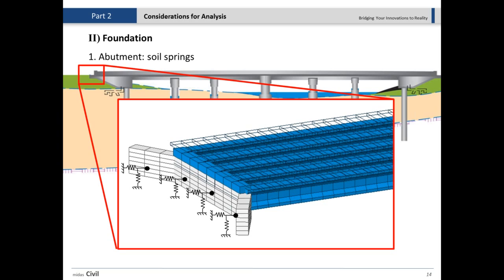If you want to see the real behavior and make it more realistic, that's the way we're going to do it. We're going to model the entire structure, and also simulate the soil behind it.